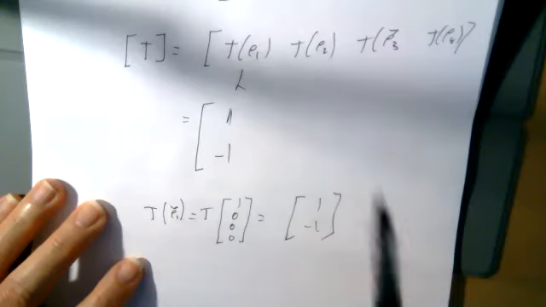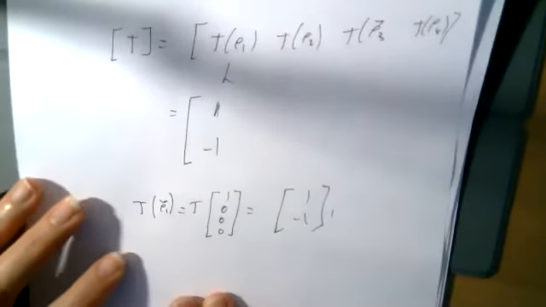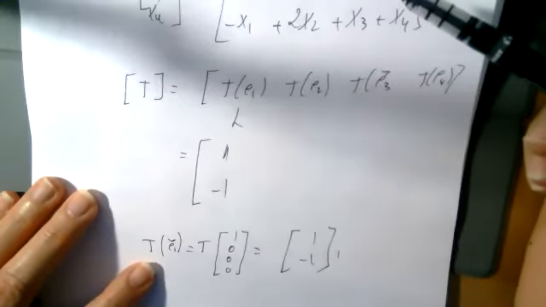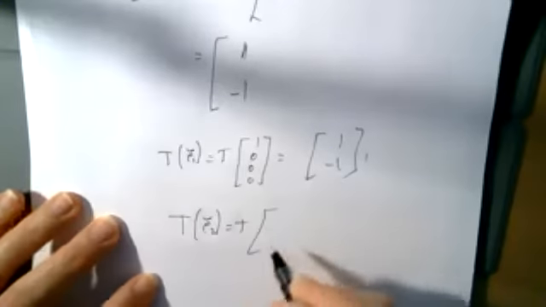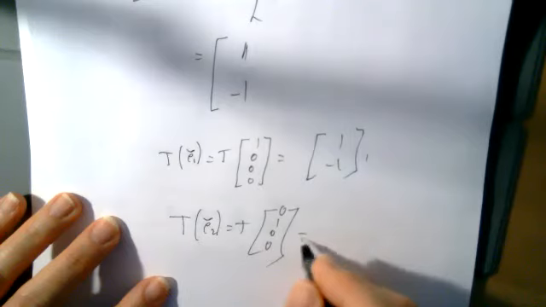What's T of E2? Can you guys tell me what's T of E2? 1, 2. Do you agree with him? Yeah, because what's E2? It's (0, 1, 0, 0).